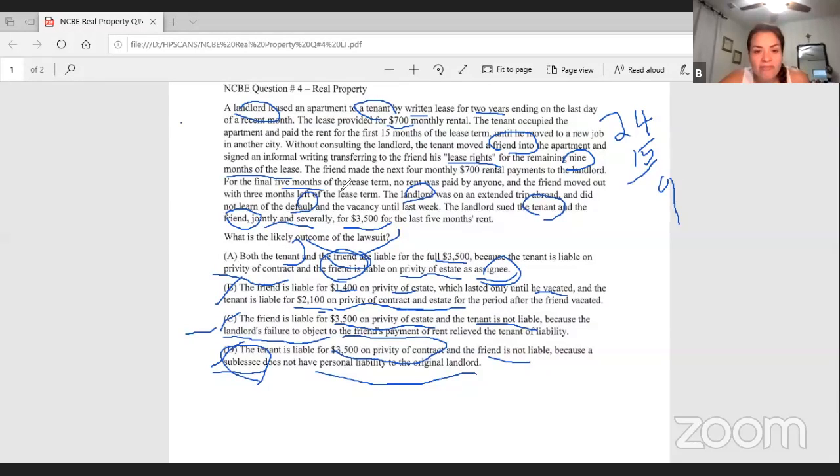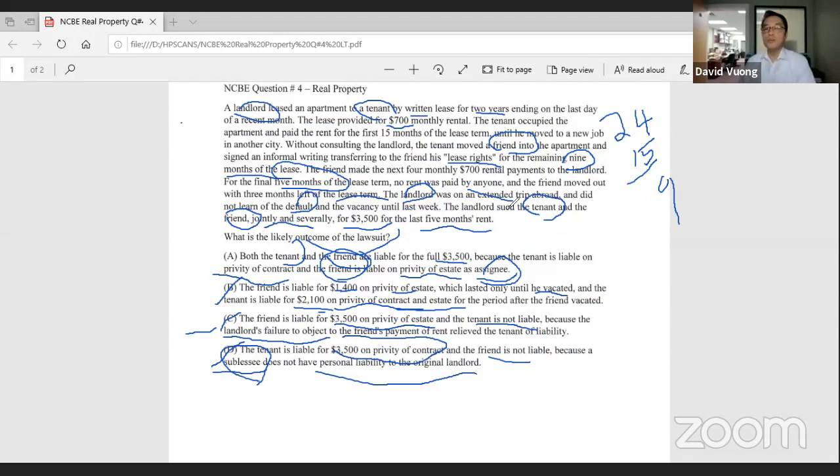For the final 5 months of the lease term, no rent was paid by anyone, and the friend moved out with 3 months left of the lease term. The landlord was on an extended trip abroad and did not learn of the default and the vacancy until the last week. The landlord sued the tenant and the friend jointly and severally for $3,500 for the next 5 months' rent.